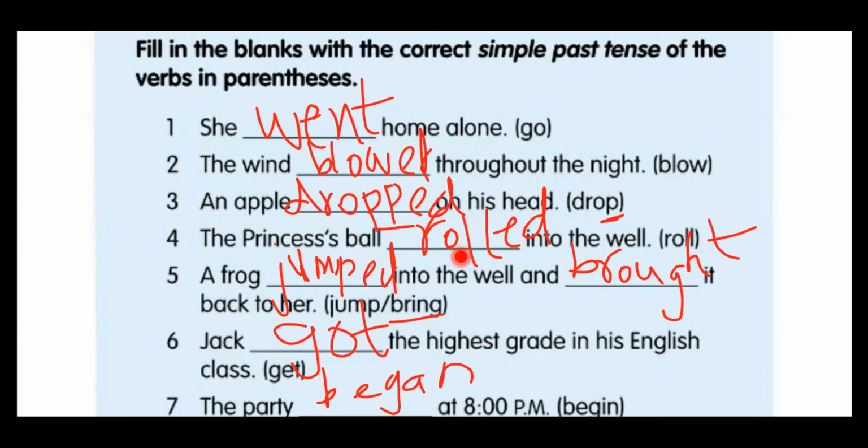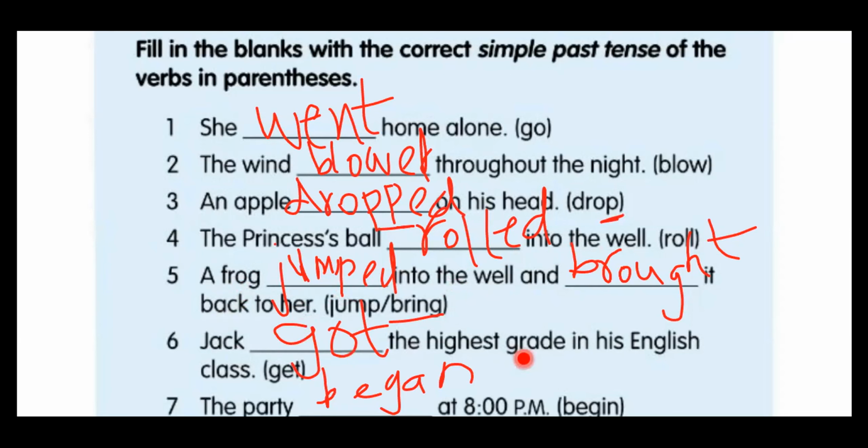What do we say for going round? Rolled into the well. Into the well. Yes, repeat now. A frog jumped into the well and brought it back to her.